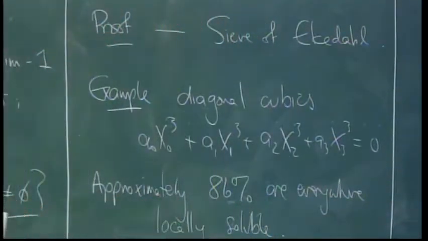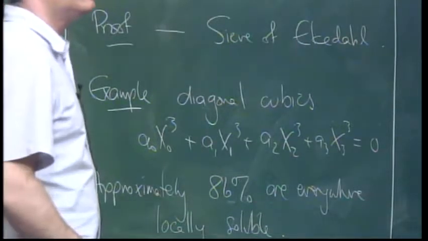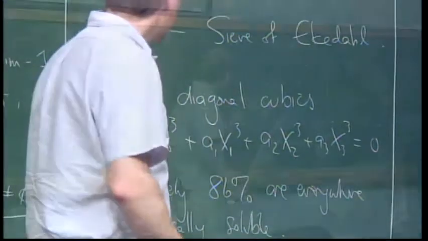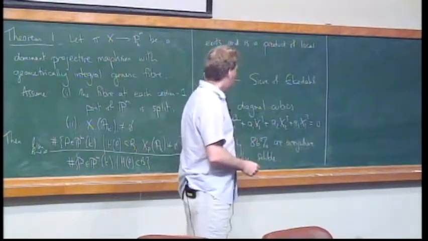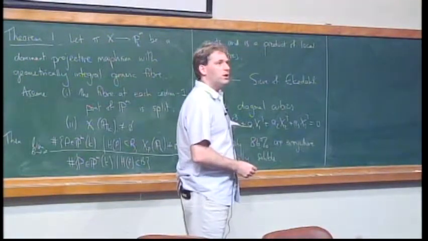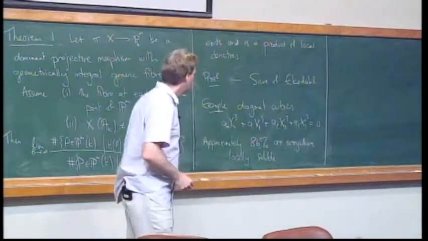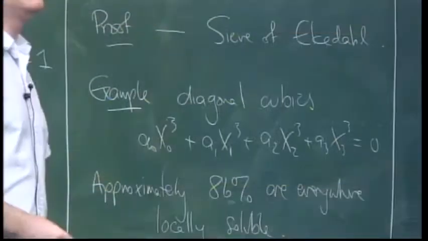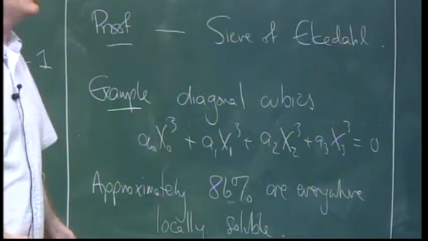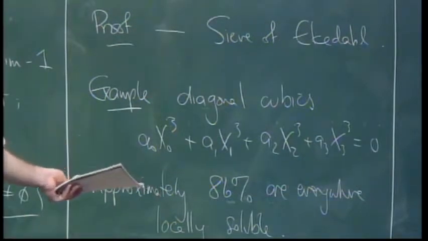So you have an explicit formula for the local densities? Yes. There was a paper on these in the 80s by Colliot-Thélène, Kanevsky, and Sansuc, which contains almost all the information you need to work out these local densities. And in any case, it's not difficult working out the.